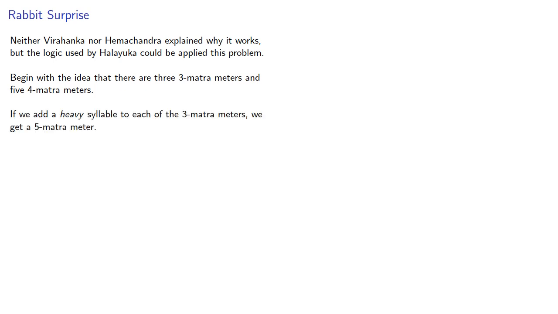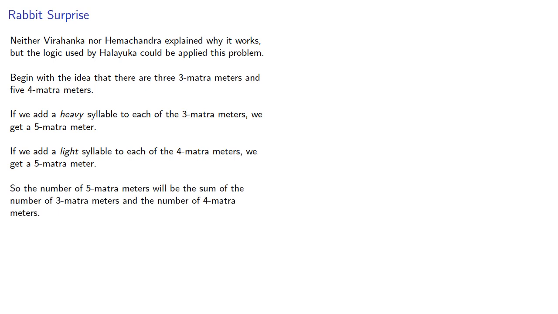If we add a heavy syllable to each of the 3 matra meters, we get a 5 matra meter. And if we add a light syllable to each of the 4 matra meters, we get a 5 matra meter. So the number of 5 matra meters will be the sum of the number of 3 matra meters and the number of 4 matra meters.